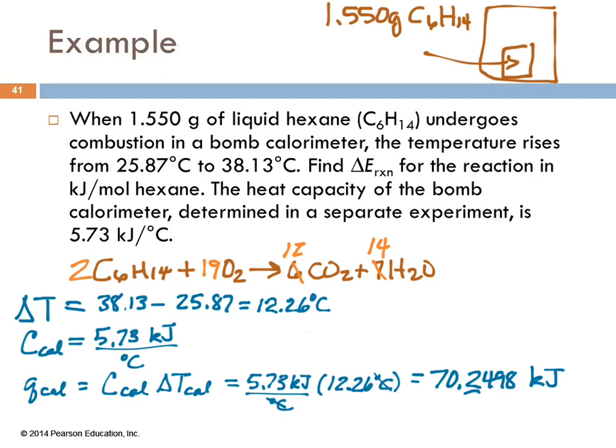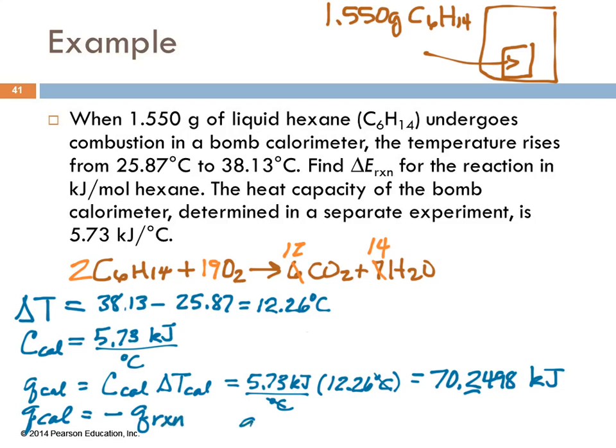The calorimeter absorbed heat, that was endothermic. It was a positive for the calorimeter. The reaction gave off heat, it was exothermic, and so it's negative. So what we saw in the previous slide is that Q for the calorimeter is equal to minus Q for the reaction.